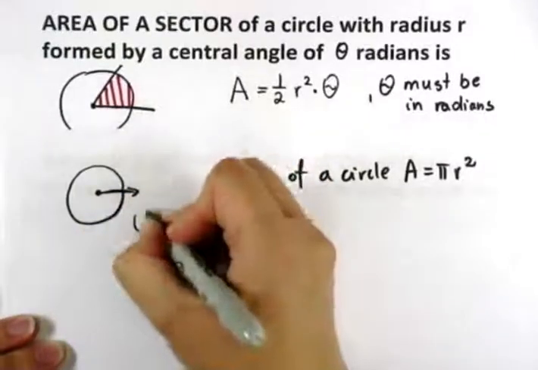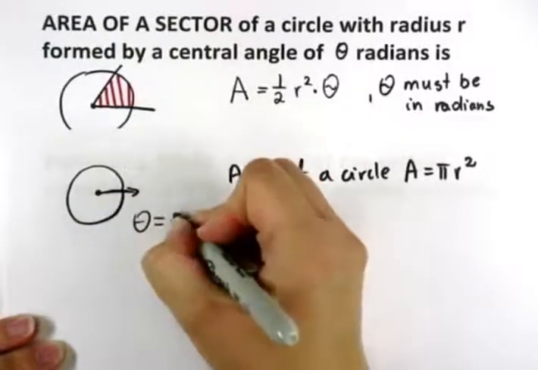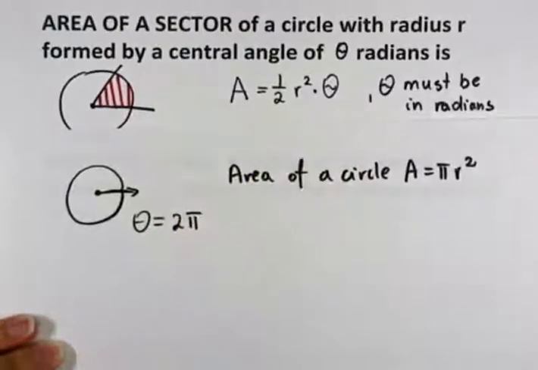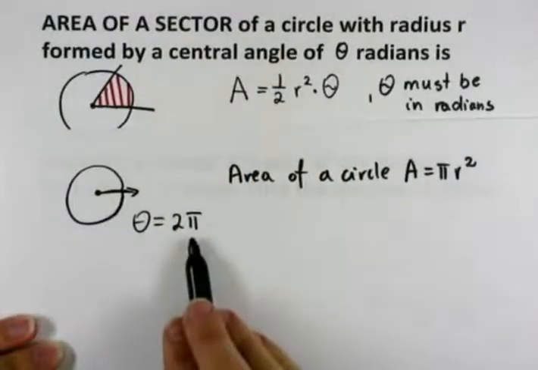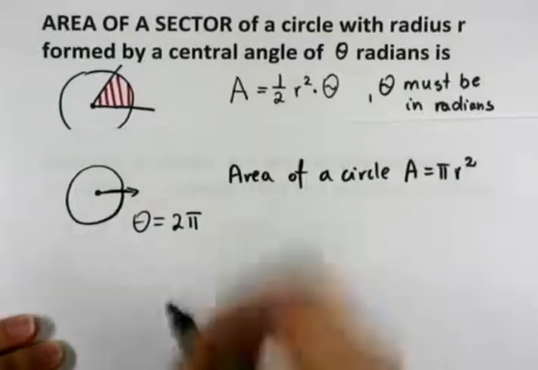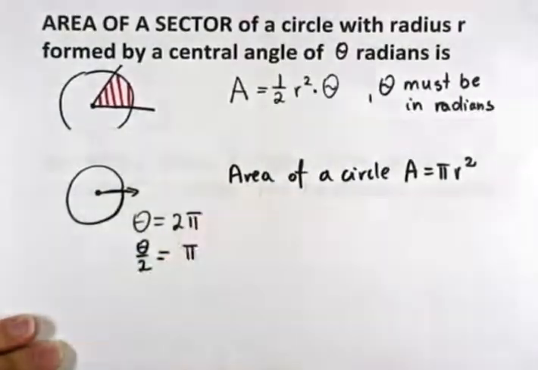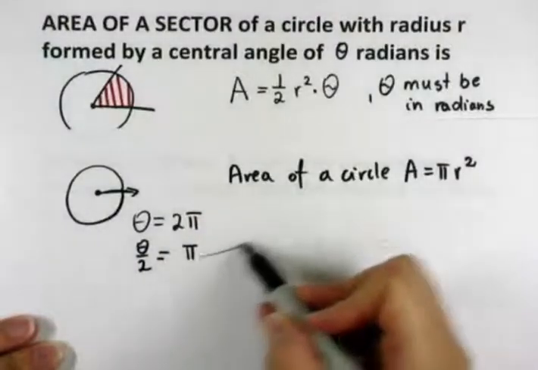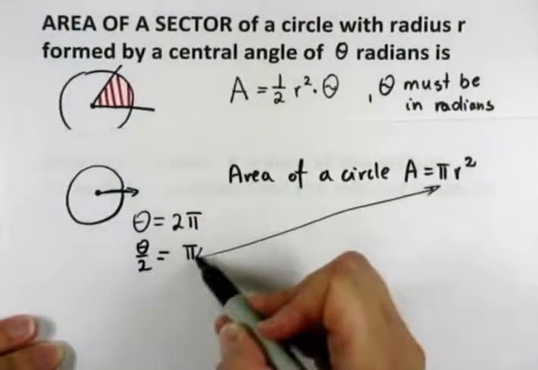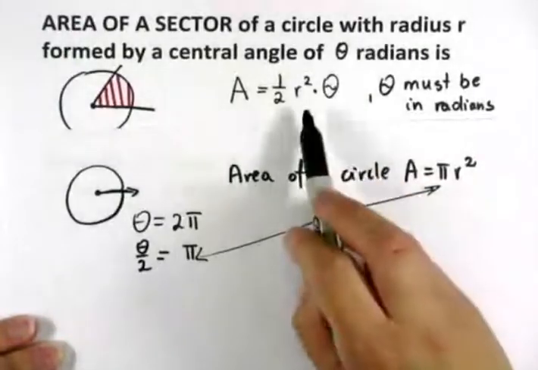The angle theta is nothing else but 2 pi. If I solve for pi from this, I divide by 2, so my pi is theta over 2, right? And if I take this pi and substitute to this one, I'm getting the formula what we have.